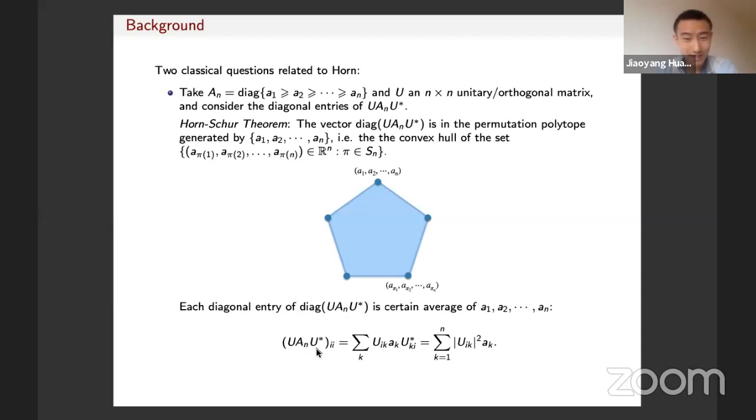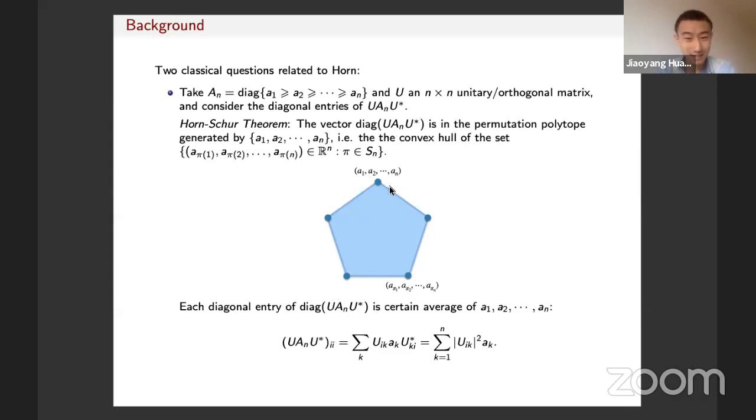If you look at the ith entry, it's just the sum over k of uik times ak times uki star. Because U is unitary or orthogonal, this is just uik square, and the sum over k of uik square is 1. So this is just a convex combination of those A1, A2 until AN. That's why these diagonal entries are in this polytope.